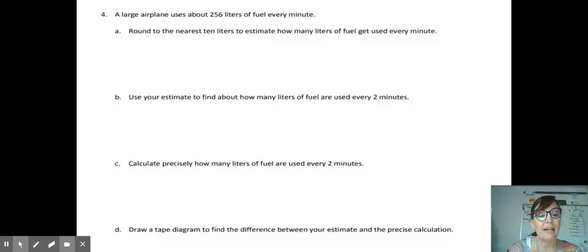You can draw a tape diagram to find the difference between your estimate and the precise calculation. When you estimated how much fuel was used every 2 minutes, what is the difference from the actual amount of fuel used every 2 minutes?